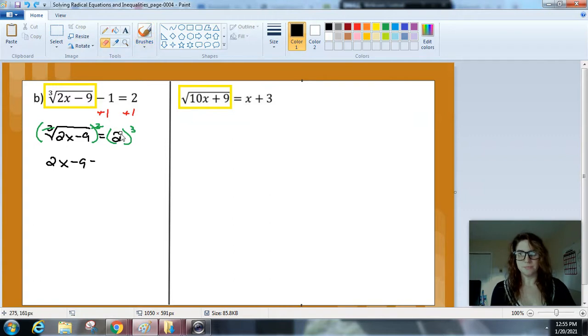That's not 2. 2 plus 1 is 3. My mistake. And now 3 cubed is 27. From here, there should be no issues with how to solve this. It's a two-step equation, and you are going to end up getting x equals 18.